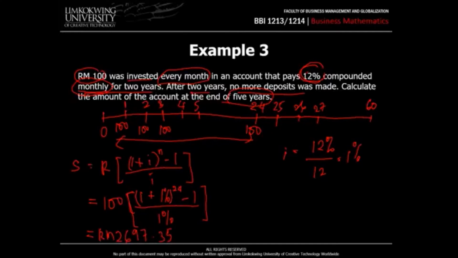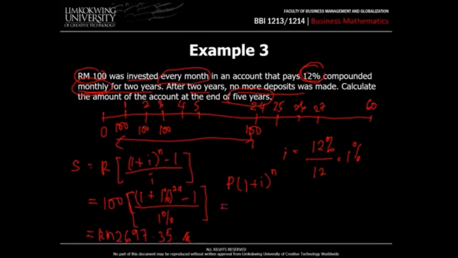So it means that the money will keep increasing with the last amount. Remember that we learned in the previous one, this is actually P(1 + i)^n, the previous compounded interest formula.